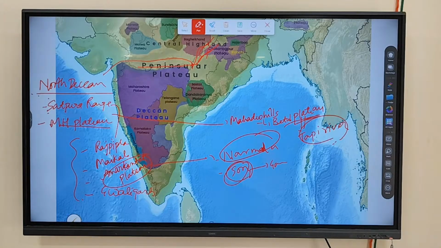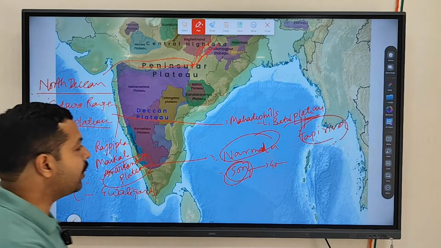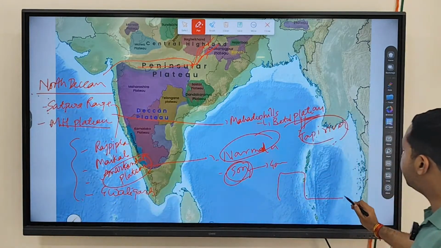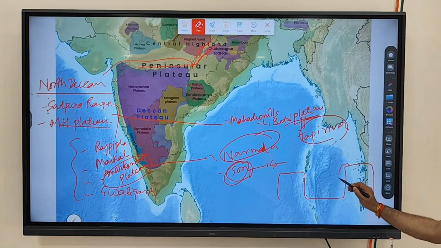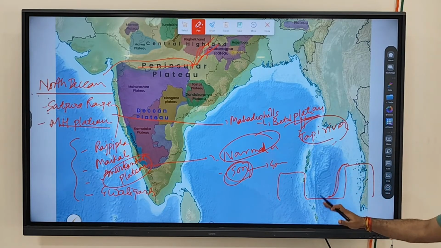Clear? So these are the important things that you have to keep in mind with regard to the Satpura range. As we discussed, you have Vindhyan, you have Narmada, and you have Satpuras. From the Amarkantak Plateau, what is originating? Narmada is originating, and Narmada is moving in which direction? It is moving in the Rift Valley region.